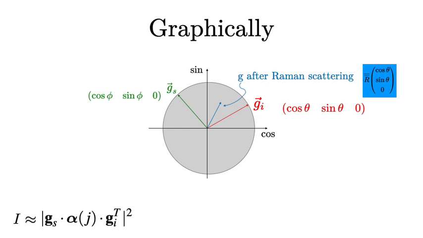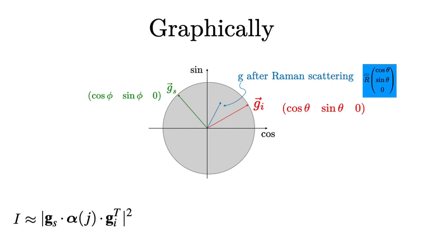The blue vector is going to be rotated, but also is going to be not as long, simply because it can't be longer, right? You cannot create a longer polarization vector after some scattering, so it's just going to be smaller, like here. So this is step number 1: the effect of alpha on GI is to rescale and rotate the vector.